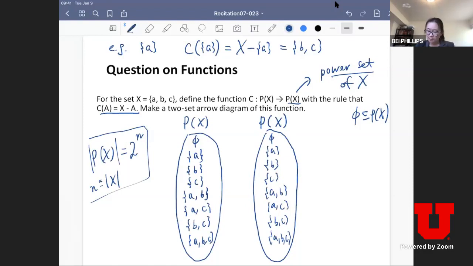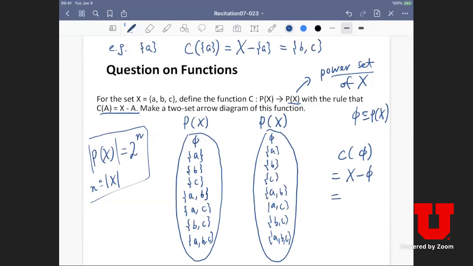So what is a mapping? If I fit in C of empty set, what is the output? Isn't it all of the sets except the empty set?